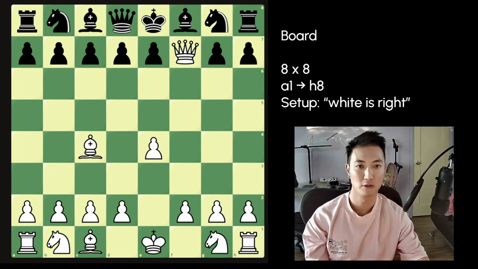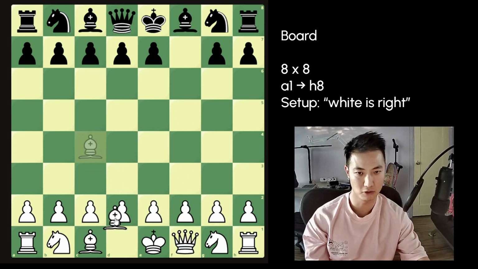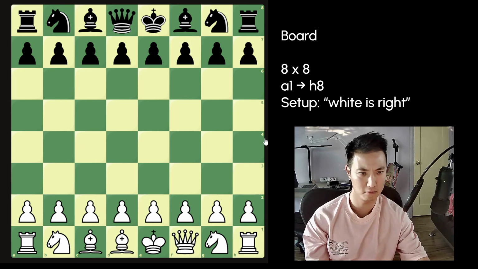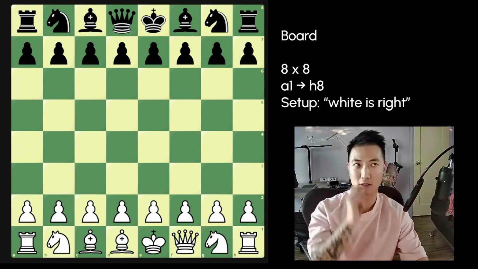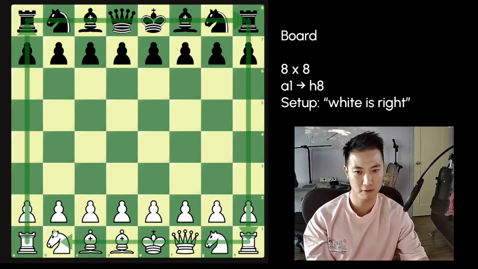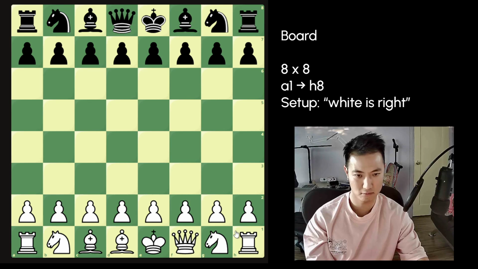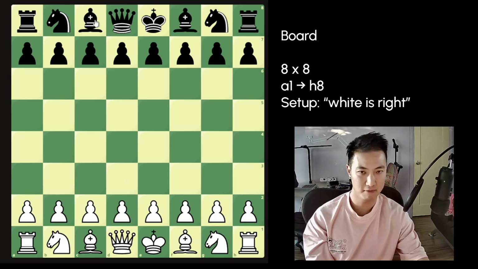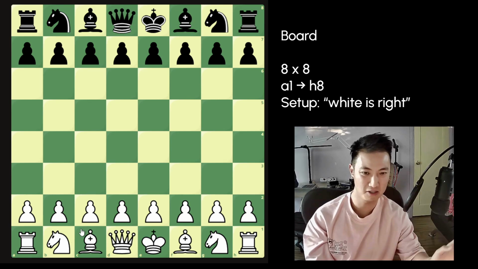Okay, so the board is just an 8x8 board. It goes from A1 to H8. There's an easy rule for setting up the board, because I see a lot of people get this wrong all the time.